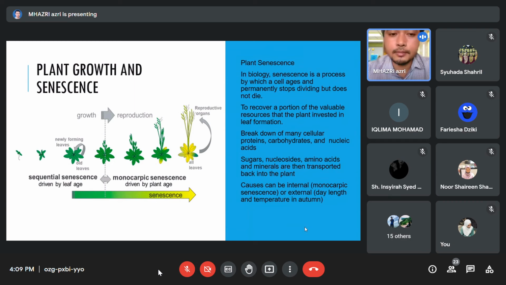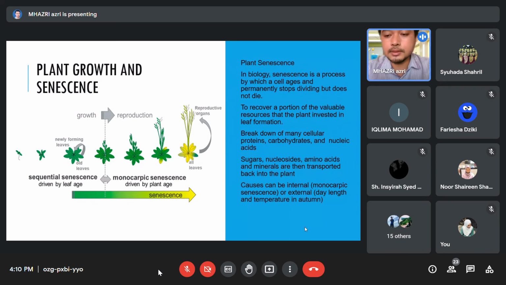cell death. So not like animals or humans, plants can recycle their nutrients within their tissues. Okay, for example, if the plant wants to use nitrogen, it will take the nitrogen from senescent organs and translocate that nitrogen into newly formed organs.